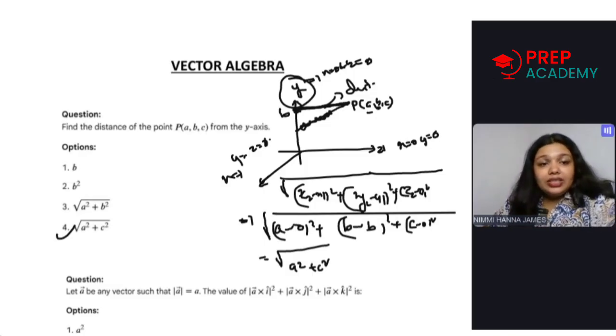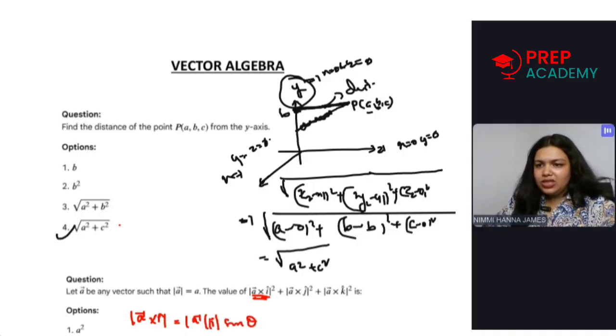Now let a vector be any vector such that the modulus of a vector is equal to a. We want to find the value of this. So first we will find the value of modulus of a cross i. What is modulus of a cross i? Just by using the definition, modulus of a cross i is mod a mod i sine theta.